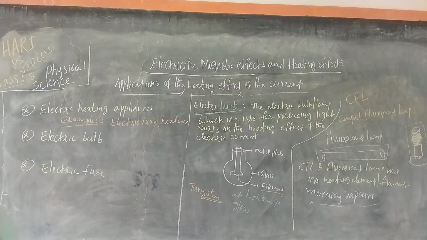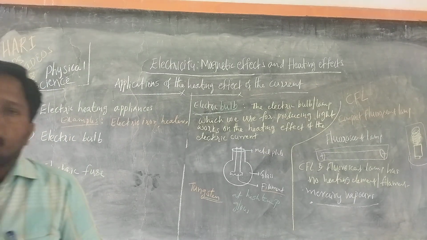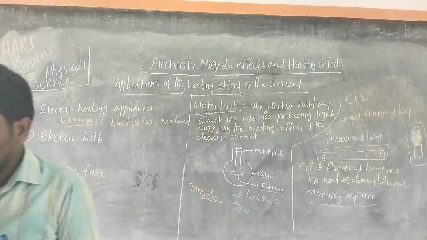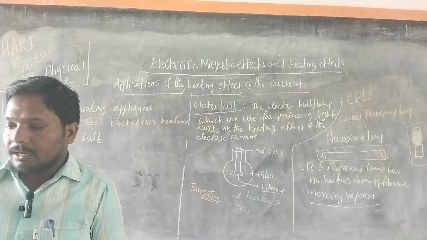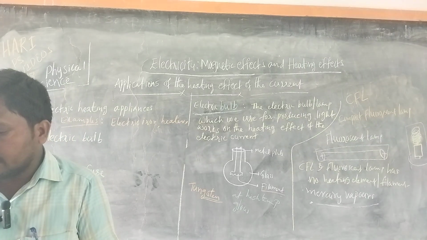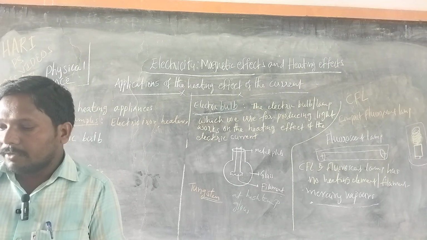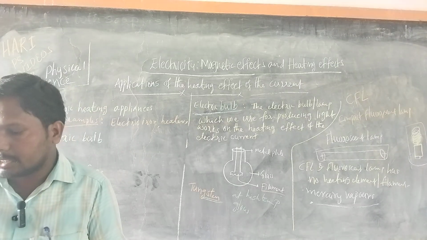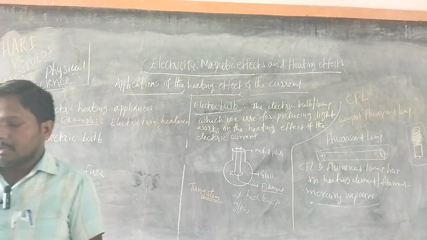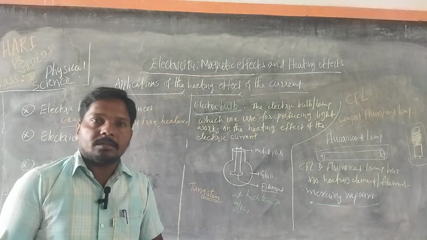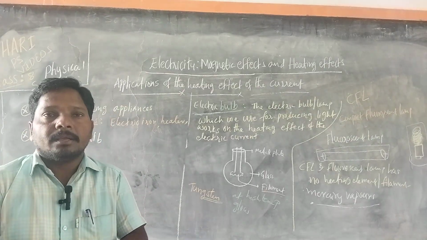Fluorescent tube lights and CFLs are initially more expensive, but their running cost is much less because they consume much less energy, and they also last much longer. They work for longer times.